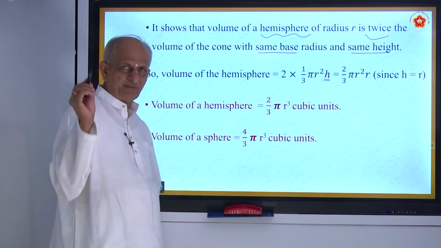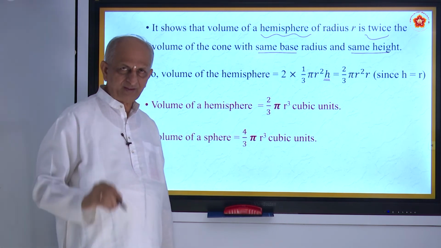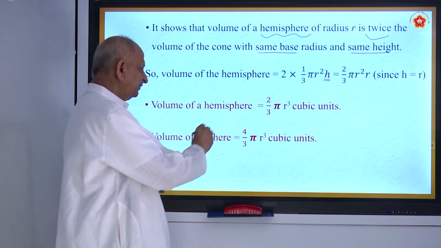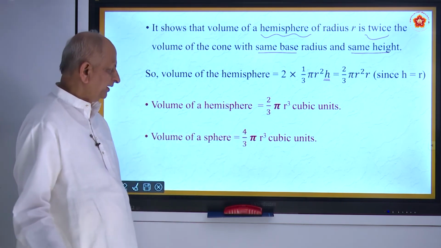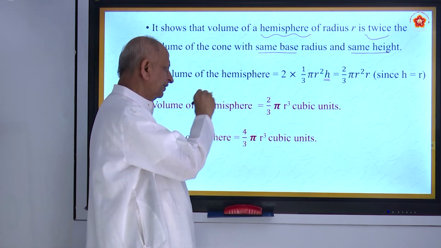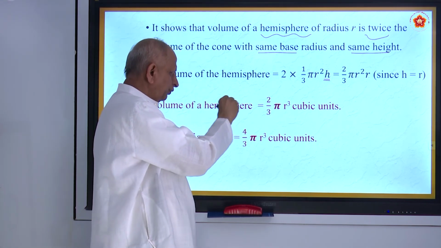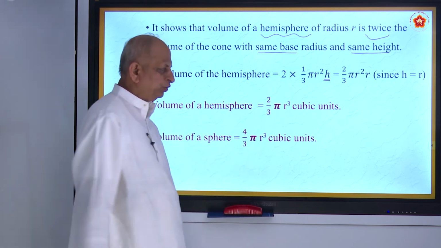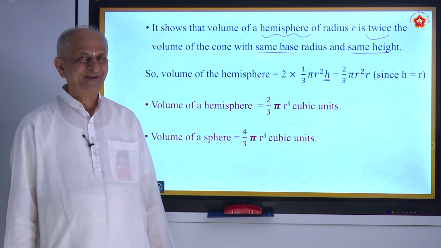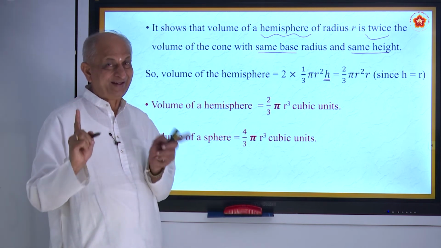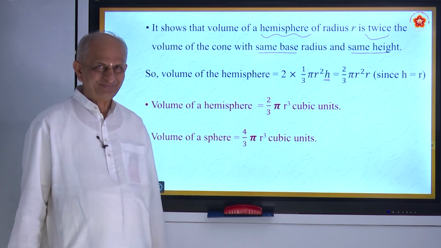So surface area is 4 pi r square. Volume is 4/3 pi r cube in case of a sphere. In a hemisphere, the curved surface area is 2 pi r square. Volume is 2/3 pi r cube. And total surface area is 3 pi r square. So learn it thoroughly.